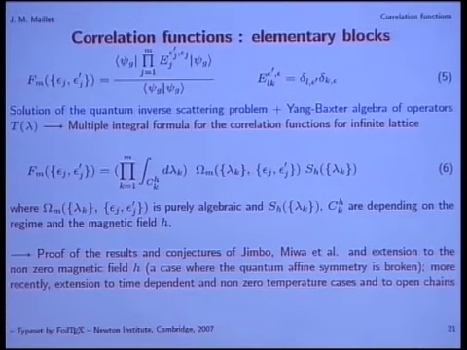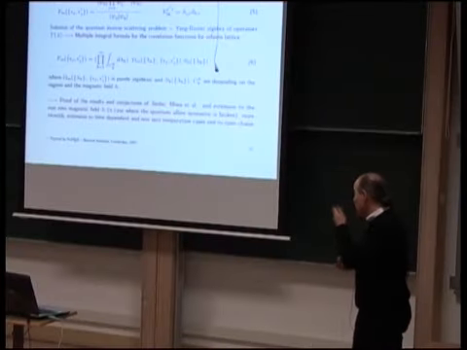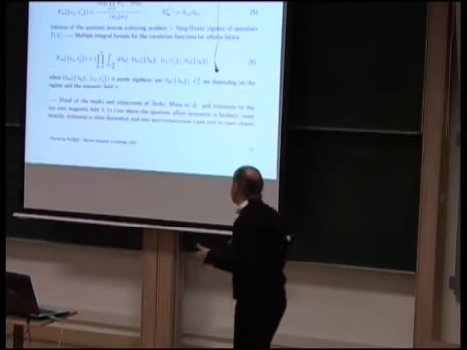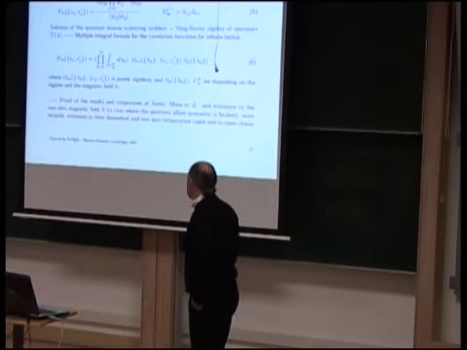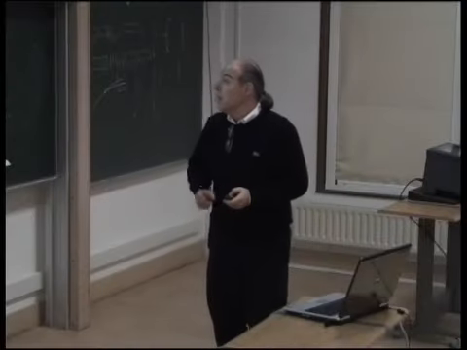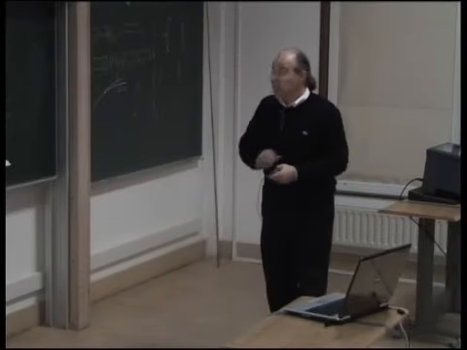And such a representation is even valid if you have a magnetic field in the game. And this was giving a complete proof of results and conjectures of Jimbo, Miwa and collaborators, and even extended this result to the case of non-zero magnetic field, where the quantum affine symmetry is explicitly broken. So this works also in the integrable situation where you don't have this quantum affine symmetry.